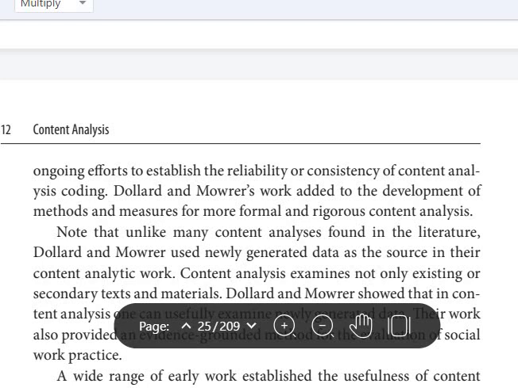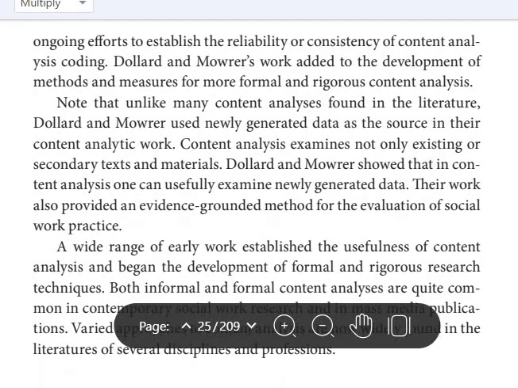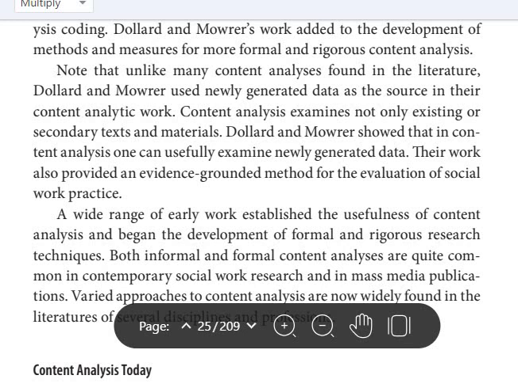Okay, now let's move on. But you can say we should understand that their work was so important. Dollard and Miller used newly generated data as the source in their content analysis job.